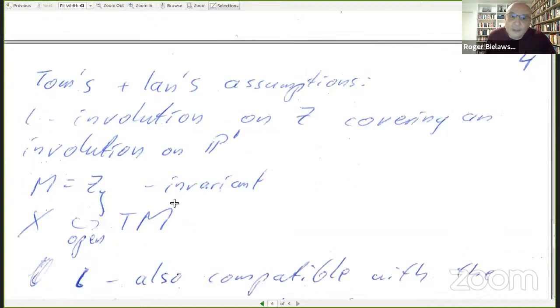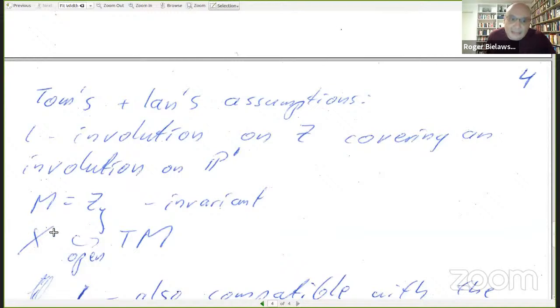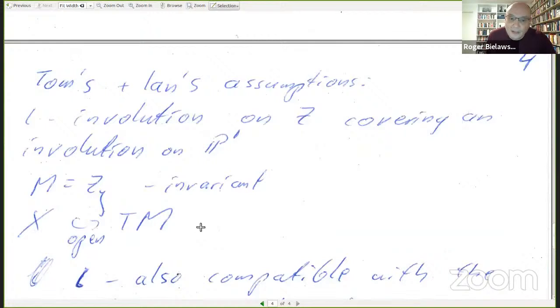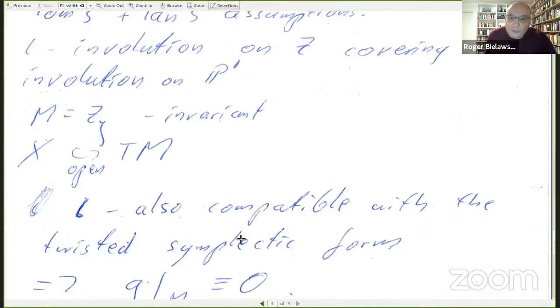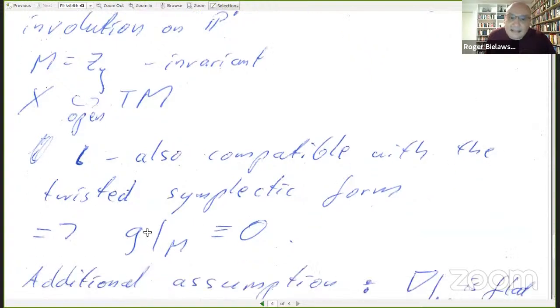And then, by using the connection, we can identify, at least in a neighborhood, X with an open subset of the tangent bundle of M. Moreover, if the involution is compatible with the twisted symplectic form, then the restriction of the metric to M will vanish identically.